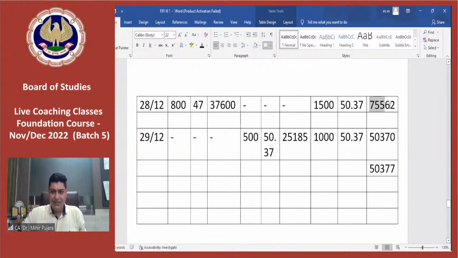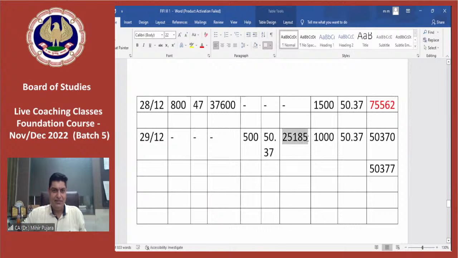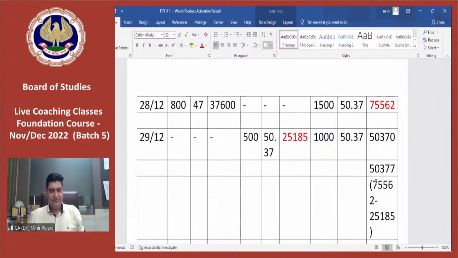How is it? They have done this minus this: 75,562 minus 25,185. Okay, there is no difference at all. Don't worry. If you write any answer, you will get the marks. I just clarified how it is. Don't worry about the small fractions.